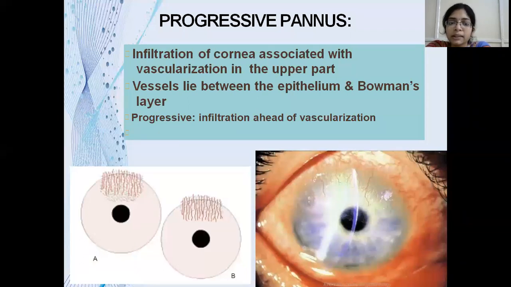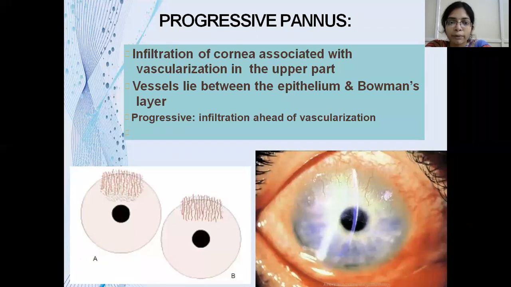Now, please look at the picture. Whenever you see pannus, you have to be able to identify whether the pannus is progressive or regressive. Just look at those two pictures. In the picture labeled A, you can see the cells are ahead of the vascularization. In progressive, remember PIV, that is how I remember. If you can come up with a better mnemonic, it's up to you.